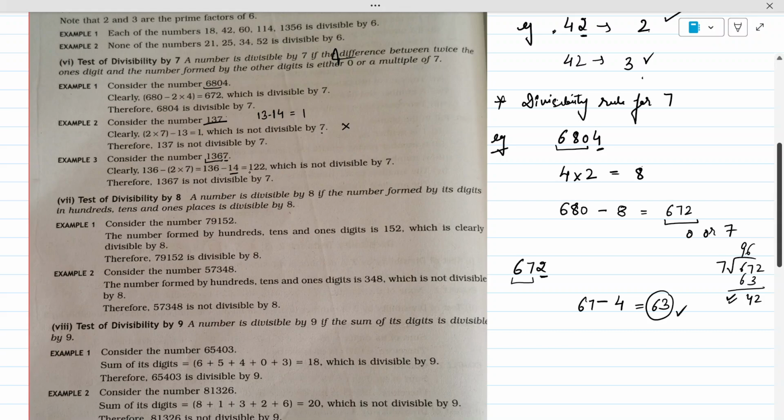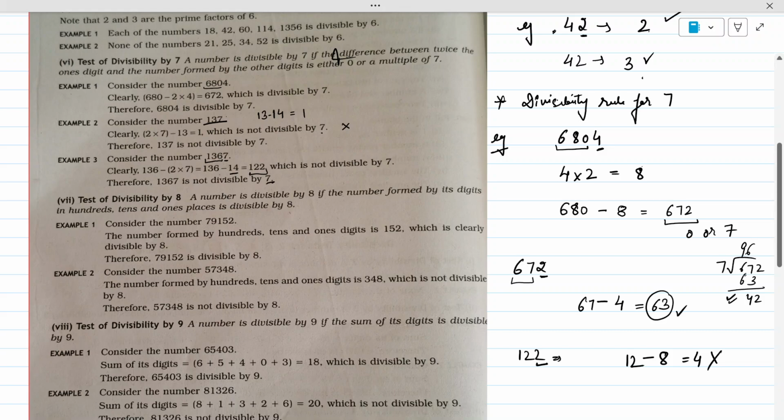In fact, if we want to check it again using the same method for 122, we take double of this number, which is 4, no wait, double of 2 is 4, and 12 minus 4 is 8... This is not 0 and not a multiple of 7. It is in fact less than 7. So this number is not divisible by 7.